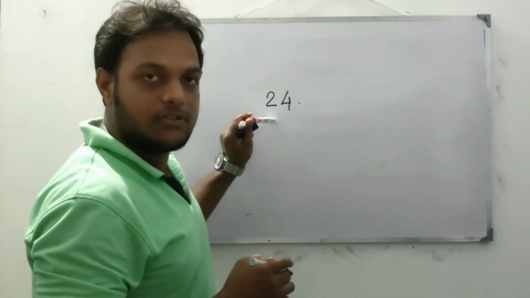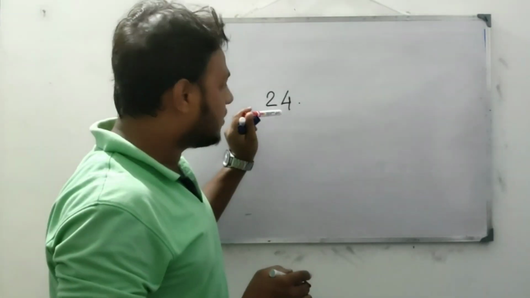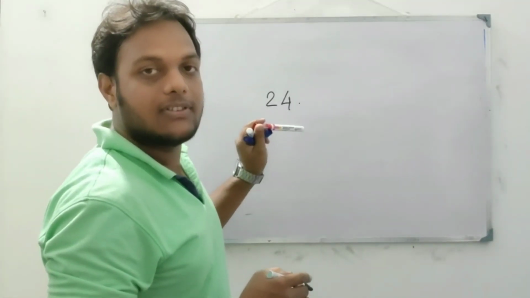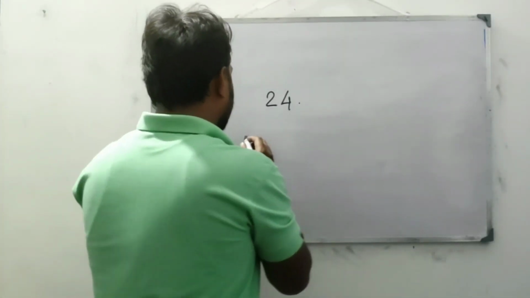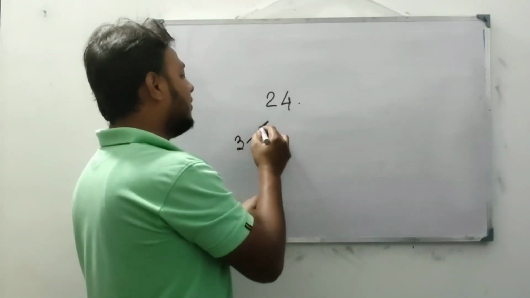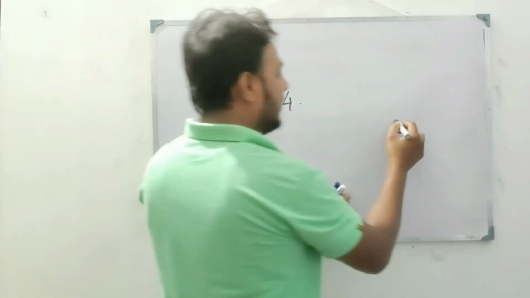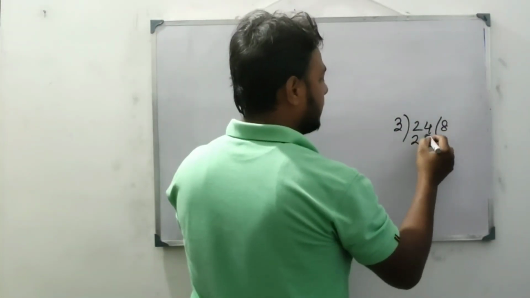Consider the number 24. A number is said to be a factor of 24 if that number can divide 24. As for example, if we consider 3, then 3 can divide 24. See, 3 times 8 is 24.